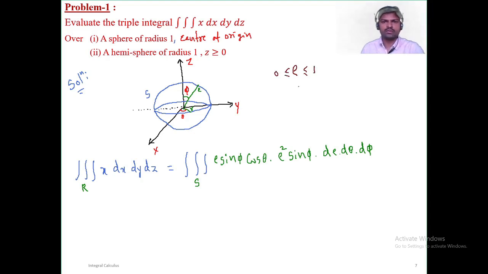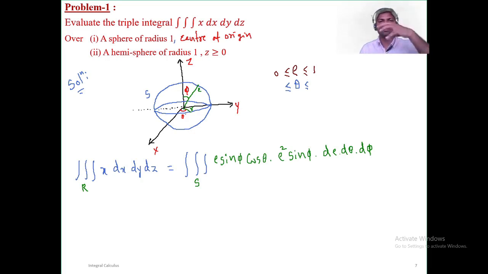Next, theta. Theta will be in the plane, so it is the angle between the positive x-axis and the r-axis towards the positive y direction. To generate the entire sphere, the r-axis has to move completely, that means 360 degrees.